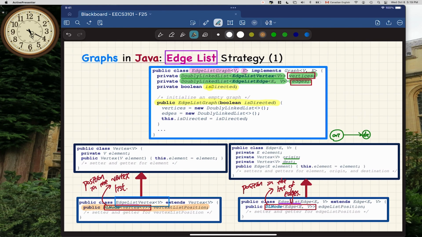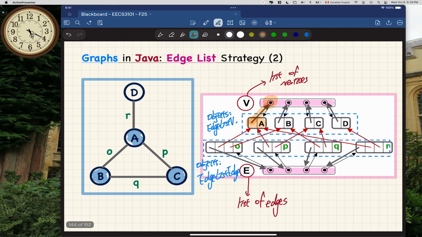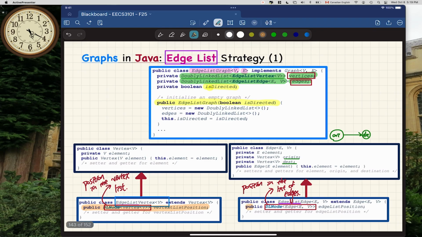Versus when I also got, let's say, this particular edge also point back to its position in the list of edges. And that one there also corresponds to this particular attribute. So this will be some programming detail you want to pay attention to when you see the assignments.